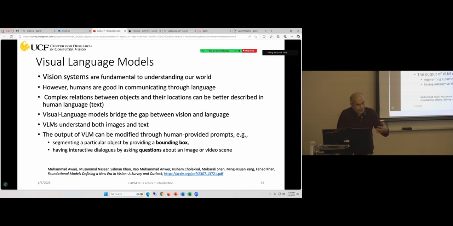So you can interact with the system and ask questions and so on. And you can do robot programming, because it used to be very hard to program robots, right? Now you can use language and vision to program robots very easily. It'll come up with the instructions on how to program the robot.